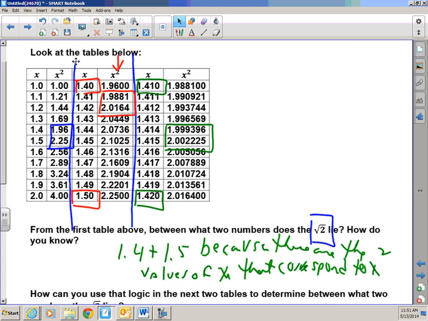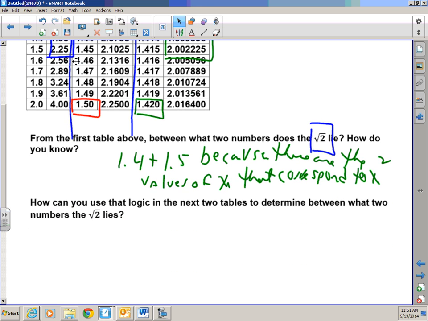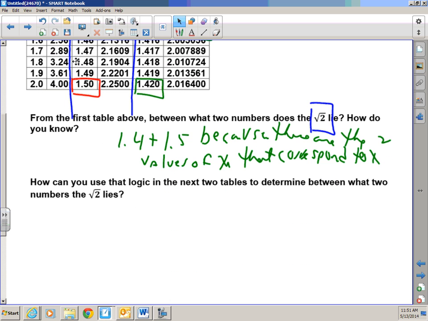Now, when we get even more specific, we can see that the square root of 2 is somewhere between 1.414 and 1.415. And that is a more accurate way to figure this out.